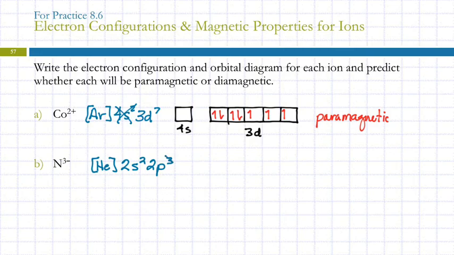So I'm going to add them here, and I'm going to get 2p6. And then we can draw an orbital diagram for those valence electrons. So there's 2s, and there's 2p. We've got 2 electrons in there, and 1, 2, 3, 4, 5, 6 in there.